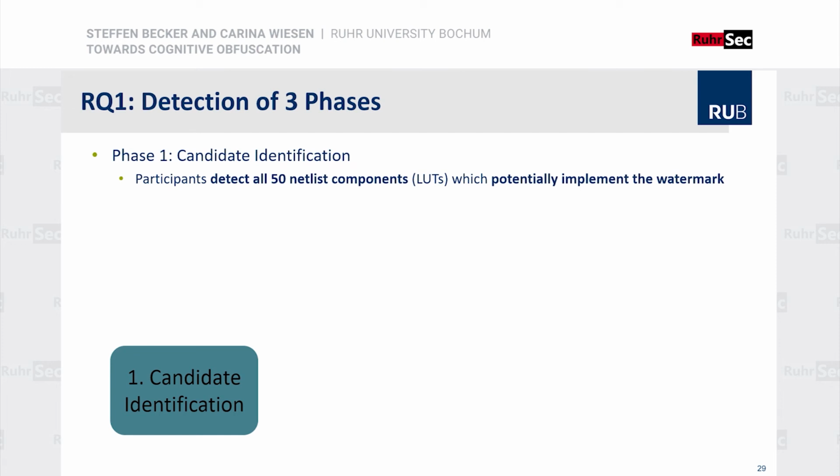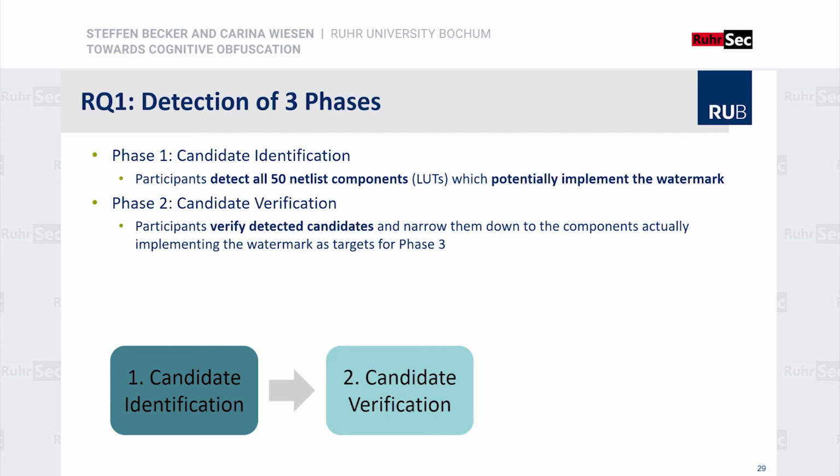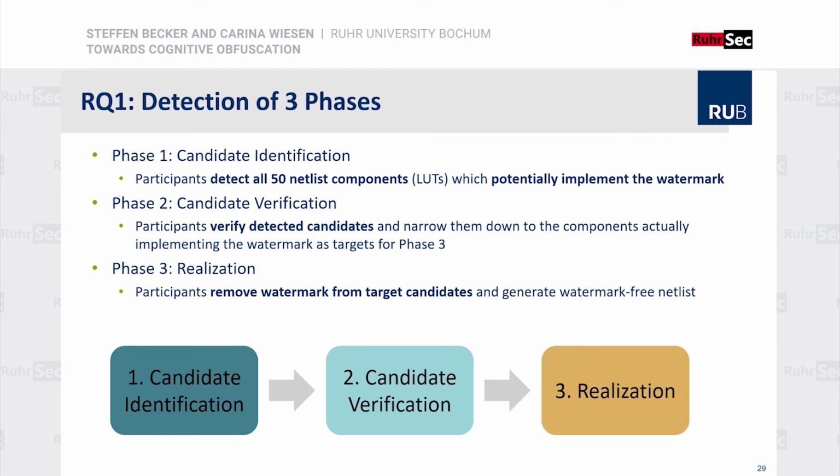In our study task, they had to identify all 50 components which potentially implement the watermark in order to finish this phase. In the second phase, those candidates have to be verified, and therefore the analysts had to extract the actual watermark message from the candidates. In the last phase, participants had to remove all watermark messages in order to clone the underlying design.